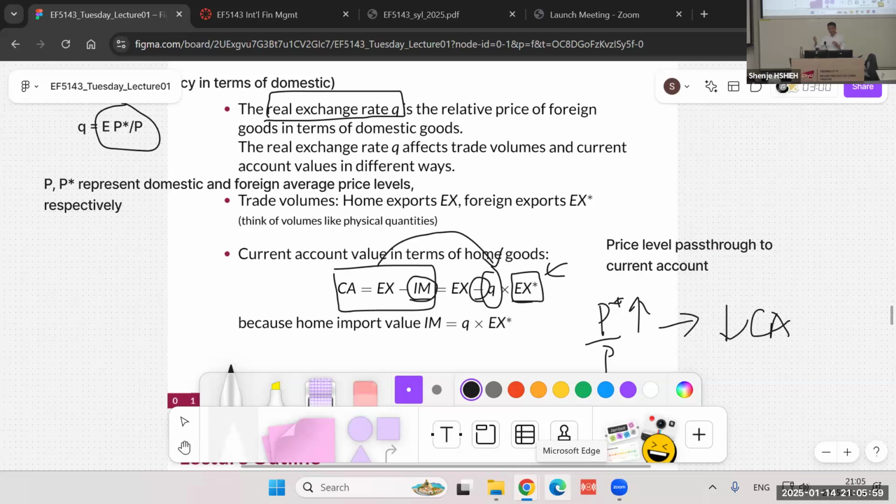Because their goods and services are more expensive, but I'm still buying, you see? No change in commodity, no change in trade volume. I'm still buying what I said I was going to buy, but it's becoming more expensive. And if I'm still buying at a more expensive price, then the current account is going to decrease. So that's the mechanism here between prices and net exports, or the current account.